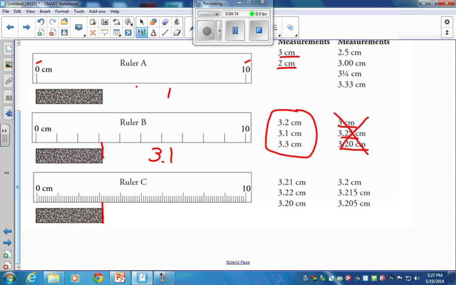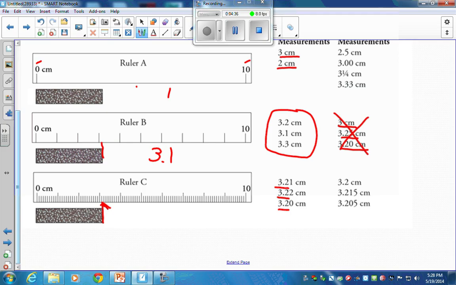Okay, according to the original sheet that this was printed on, this really should be at 3.2 or a little above 3.2. Let's say it's right about there. Okay, so 3.2, you'll notice that all of the measurements over here have that 3.2.